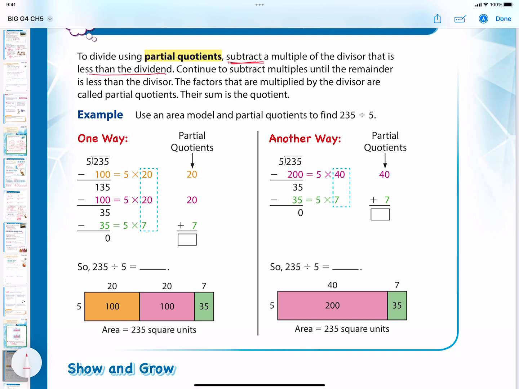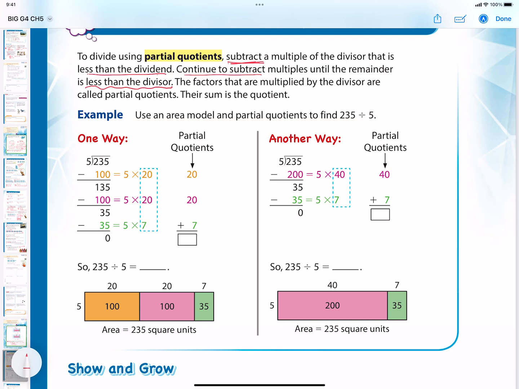Please always remember that. And then you need to continue to subtract multiples until the remainder is less than the divisor. Okay, we practiced it last lesson. Please remember that. If you have a remainder greater than the divisor, that means you can still distribute equally into equal groups.